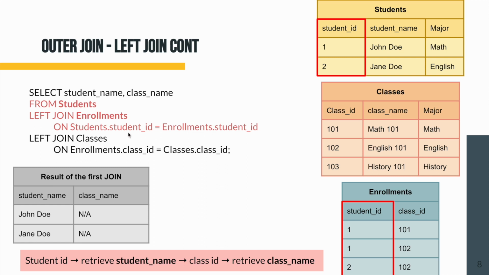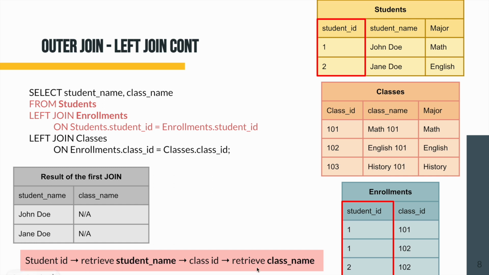So if you think about it, we are getting the student IDs to match. Here, I know that student ID 1 is John Doe, and I know student ID 2 is Jane Doe. Once I've done this, I need to do the second part of the join, where I'm going to combine the class ID to get the class name.